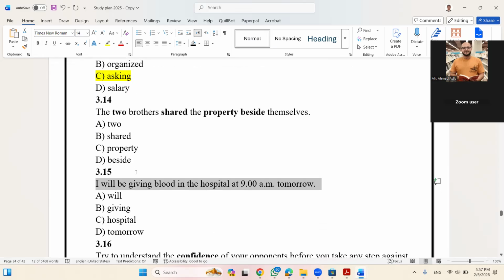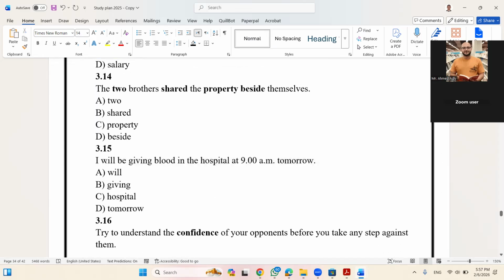Which word is wrong here? They have a house or something, and they shared it. No, not beside them. Share. The two brothers. I'm not sure. Beside. We usually say between, not beside. Share something between two people.